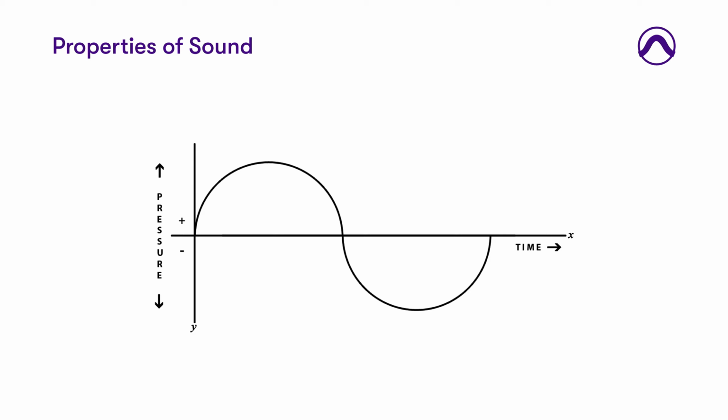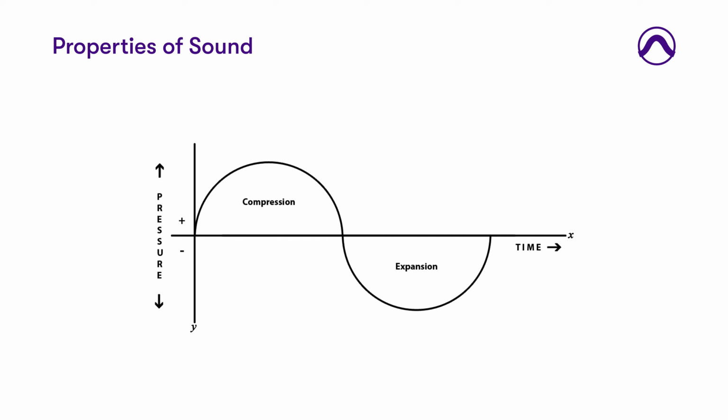The region of the waveform that is created when the pressure in the air increases is known as compression, and the region of the waveform that is created when the pressure decreases is known as expansion. Whenever a waveform completes a set of compression and expansion, it's called a cycle, and that is what determines our frequency.